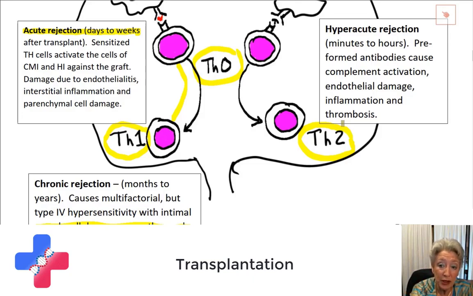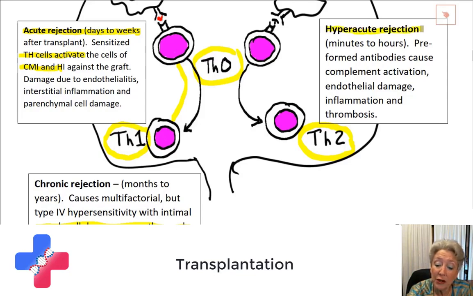Notice that when I was speaking down the left-hand side of the diagram, I was going sequentially through the activation of T helper cells, the development of CMI, and of course, I could have some of that debris processed to produce antibodies as well. But that's sort of the standard way of the development of the immune response and is not something that would catastrophically challenge the organ during the surgery.